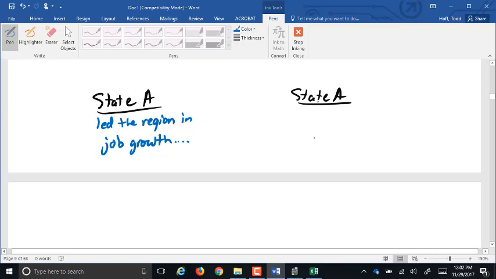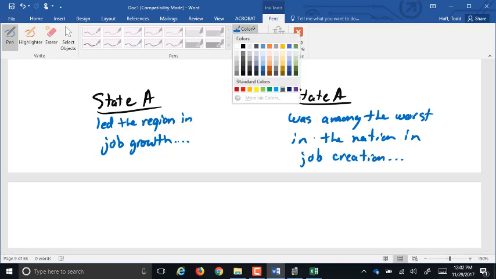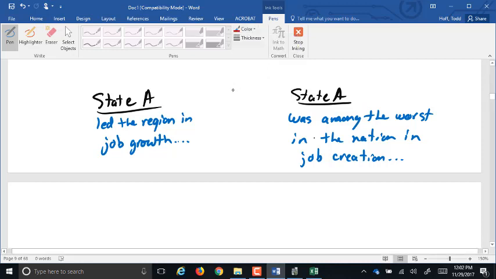And 5 minutes later, you see an advertisement from the opposing candidate that says, State A was among the worst in the nation in job creation. Well, looking at these, they seem to contradict each other. If one is saying that the state led the region in job growth and the other is saying one of the worst in the nation in job creation, how can they both be true?